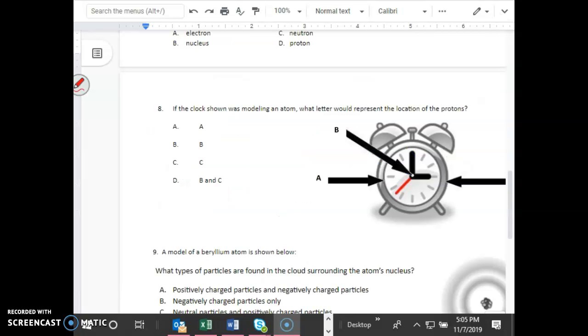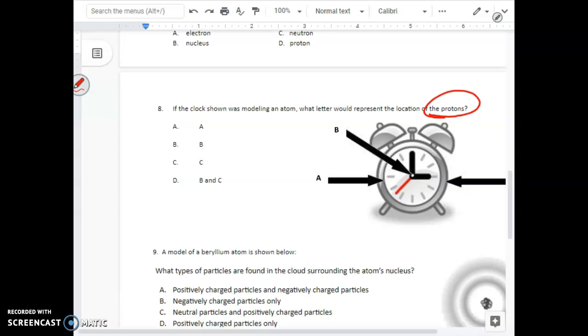Number 8, if the clock shown was modeling an atom, what letter would represent the location of the protons? All right, so we should know by now, as many atoms as we've done, that we always draw the atom and we put the protons and the neutrons in the middle. So we're looking for protons. Protons are inside the nucleus, and the electrons are on the outside.